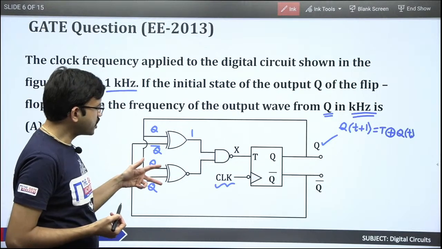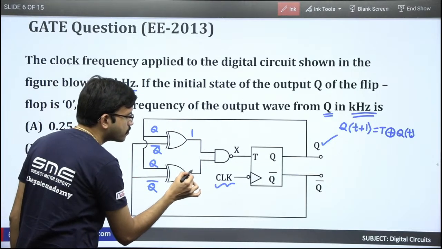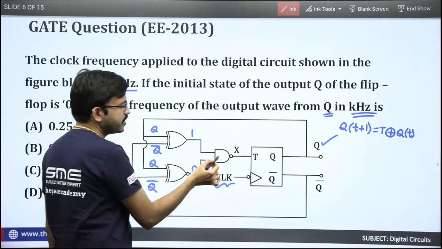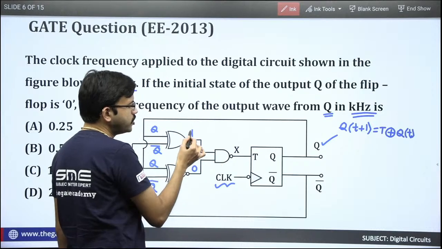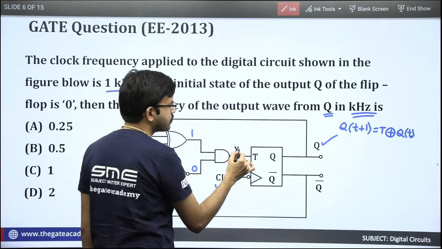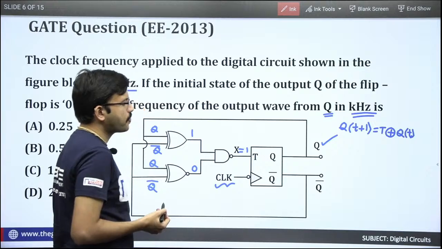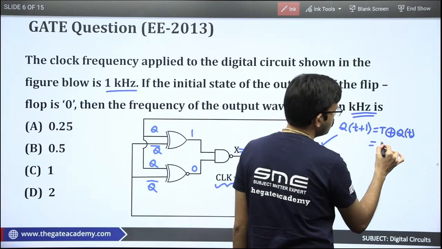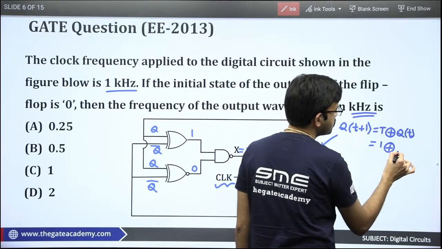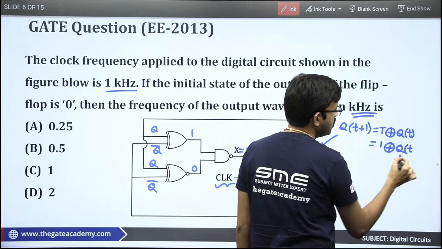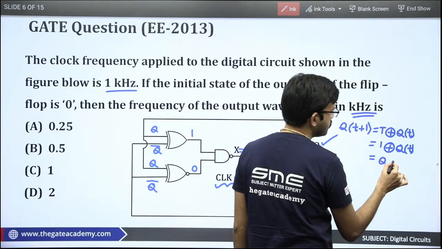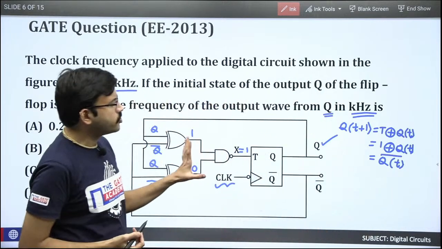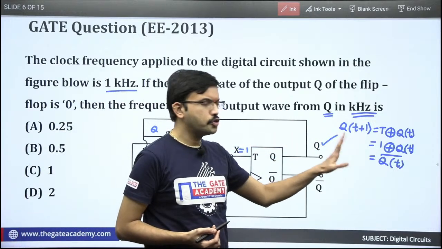When both inputs are complement to each other, the XNOR gate will produce output as 0. Here you have a NAND gate, so 1 into 0 is 0, and 0 bar is 1. So that means the T value is 1. Substitute T value 1 here, so 1 XOR Q is nothing but Q bar. So what you got is Q of t plus 1 equals Q bar.